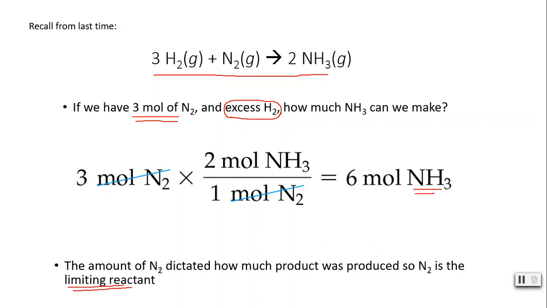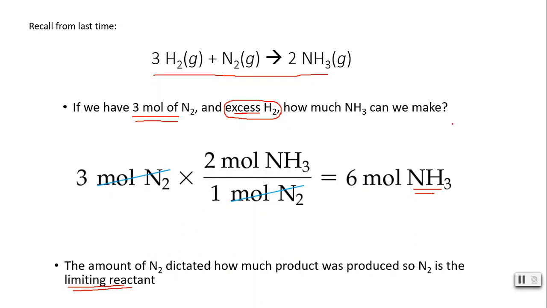So since nitrogen was limiting, and I sort of told you that by saying that there was excess of the second reactant, the fact that nitrogen is limiting, that is what is used to calculate the amount of product formed.